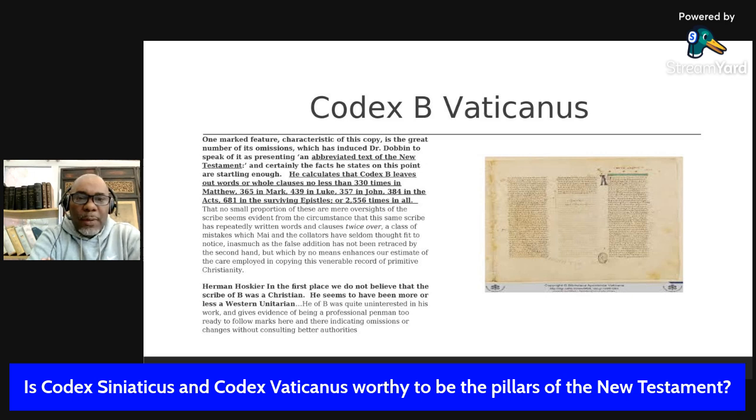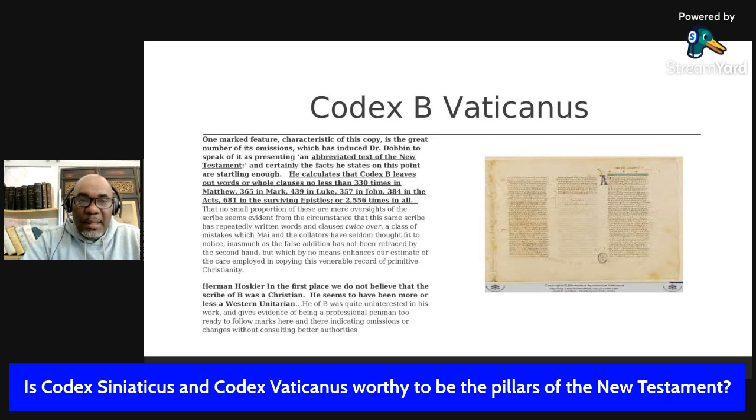quoting Dobbin. It said, one marked feature characteristic of this copy, Vaticanus, is the great number of its omissions, which has induced Dr. Dobbin to speak of it as presenting an abbreviated text of the New Testament. And certainly the facts he states on this point are startling enough.